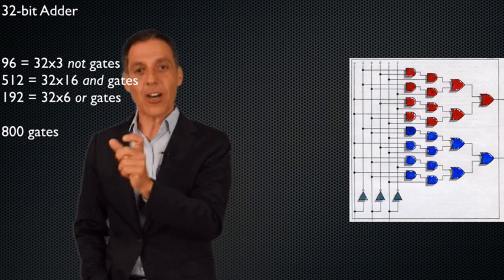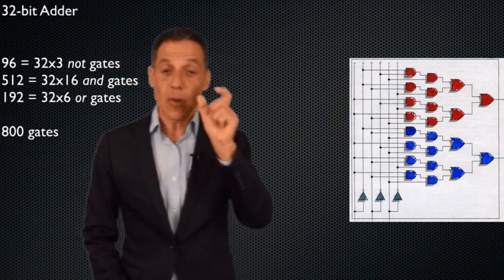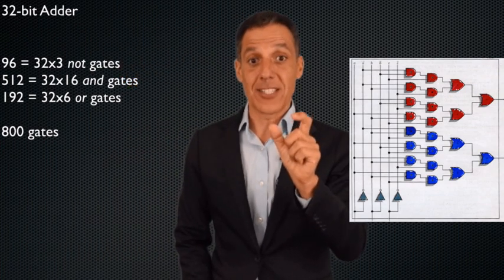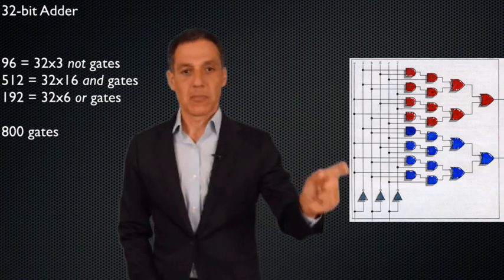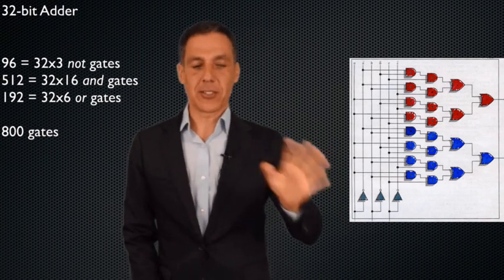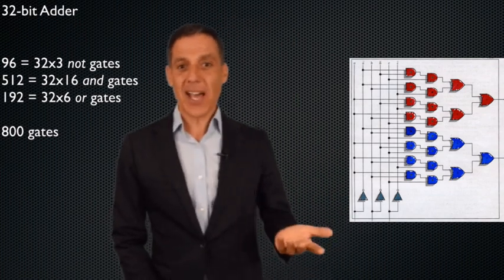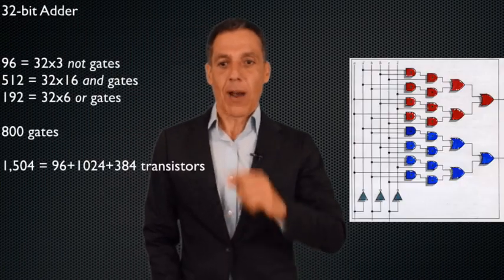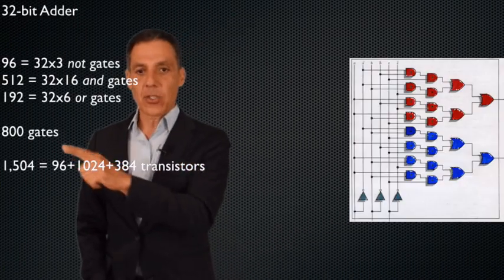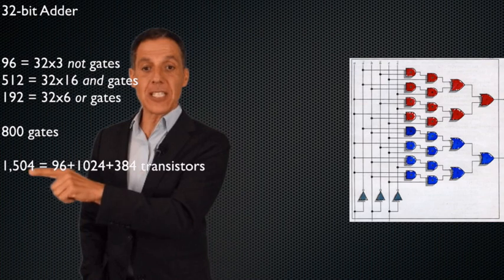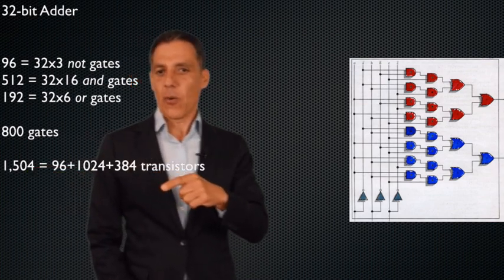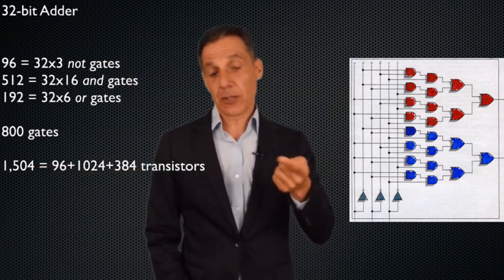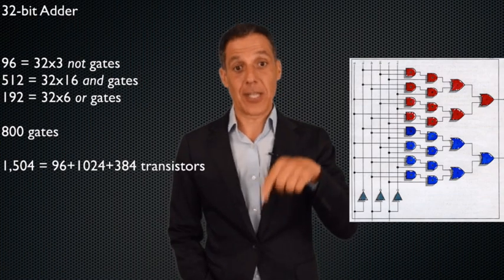So I have 800 gates to do only addition, right? Multiplication, division, all those things can't be done. So is that a lot? Is 800 gates a lot? Well, that 800 gates corresponds to about 1,500 transistors, because when you're building circuitry, you're building gates, but really underneath it, it's transistors, right?